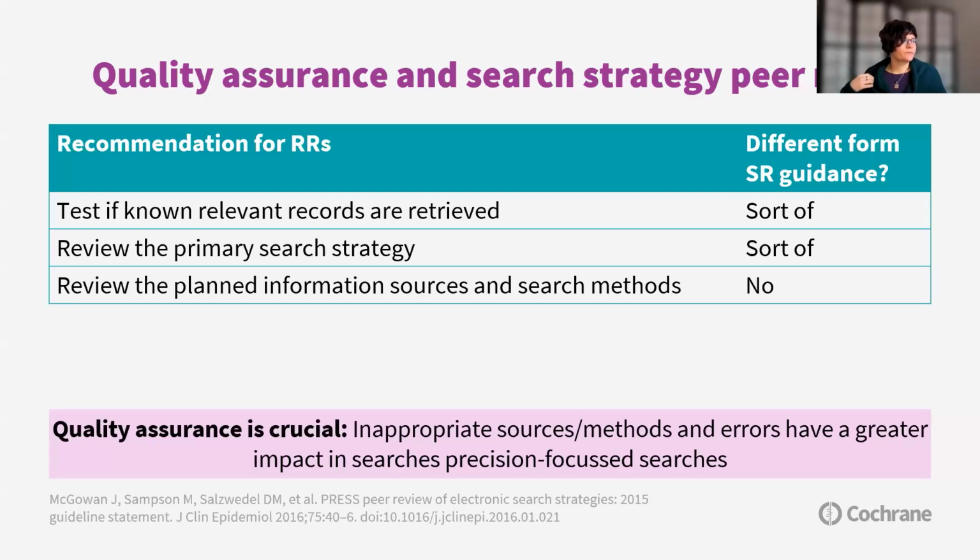And we recommend using the PRESS checklist to peer review the primary search strategy. But if for some reason a full peer review is not possible, at the very least, the primary search strategy should be checked for errors in spelling, in the use of operators, so Boolean operators specifically, and in the combination of lines if you do a multi-line search.